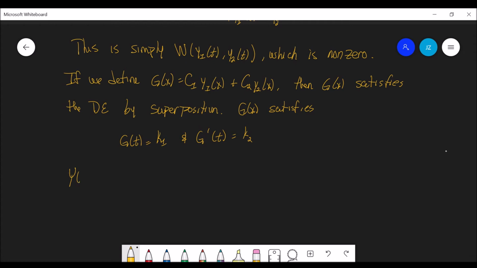Notice that y of x satisfies the same equation and conditions.